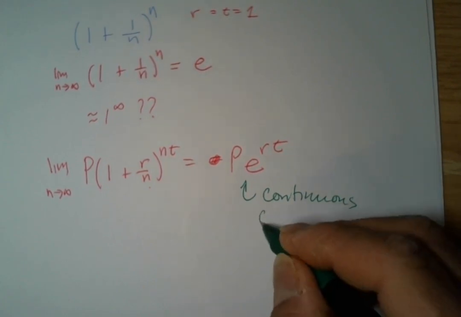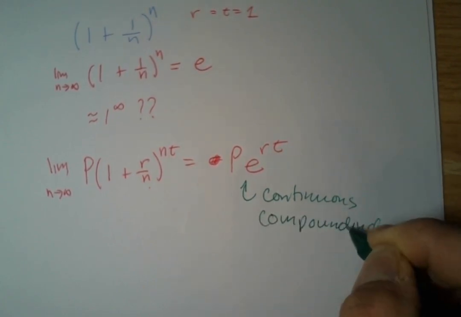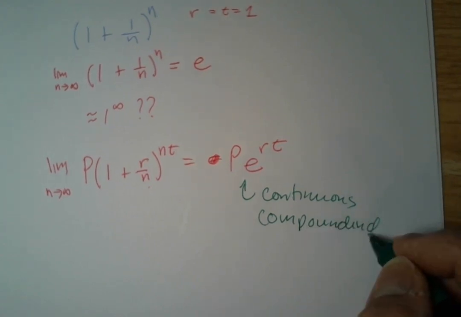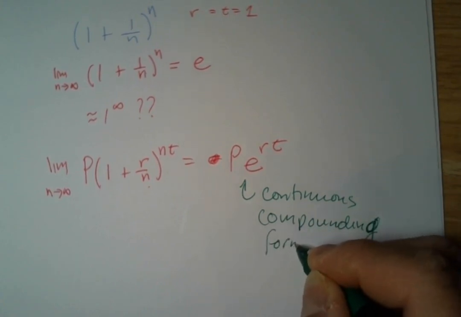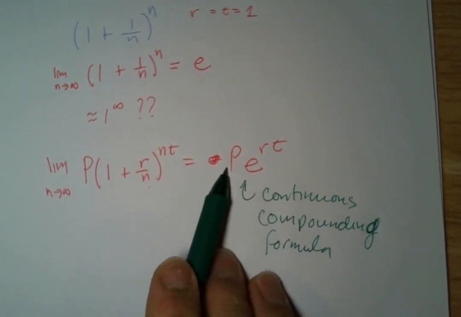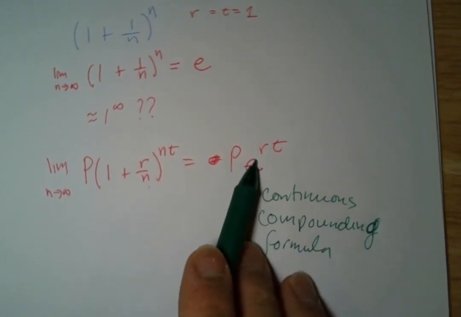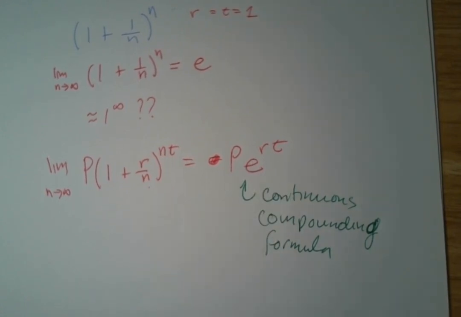Usually when we're dealing with money or any kind of business application, we call it the continuous compounding formula, where P, again, same as before, is the initial value, R is the interest rate per unit time, usually yearly, and T is the period or term of investment, and again, usually yearly as well.